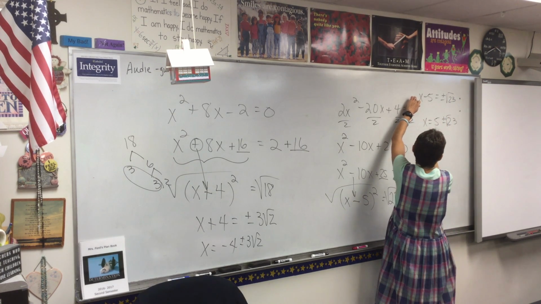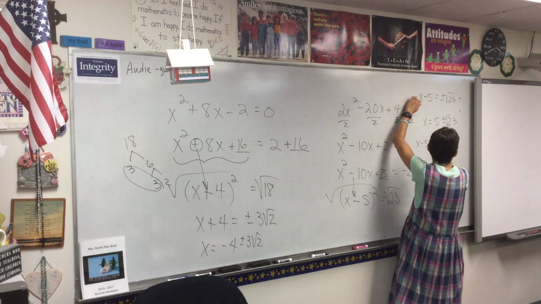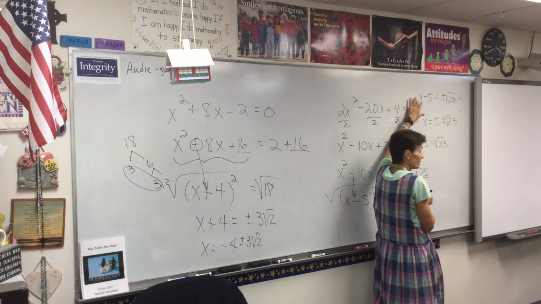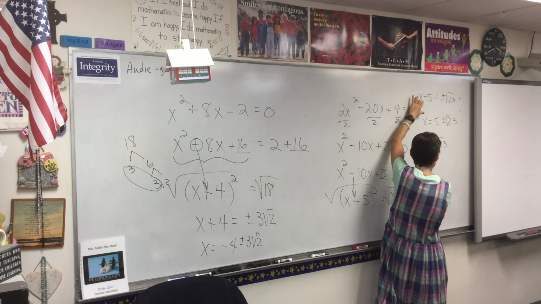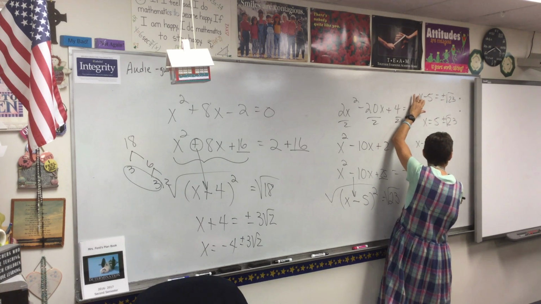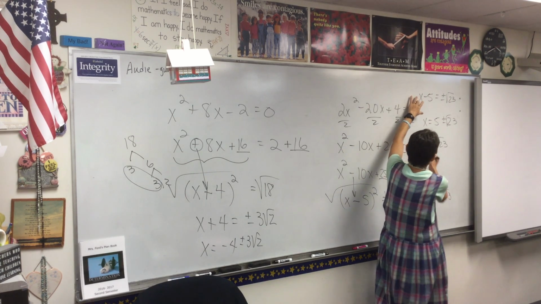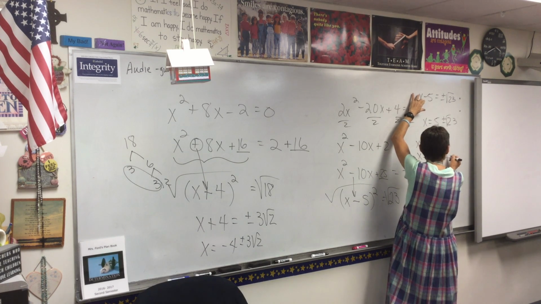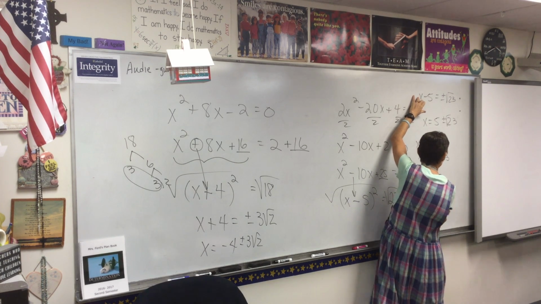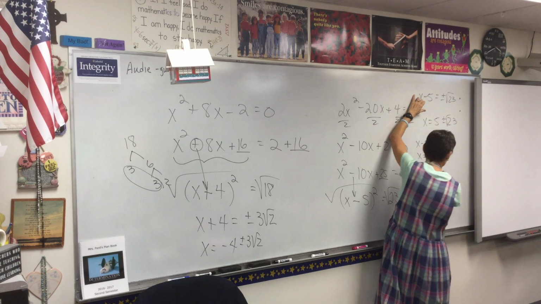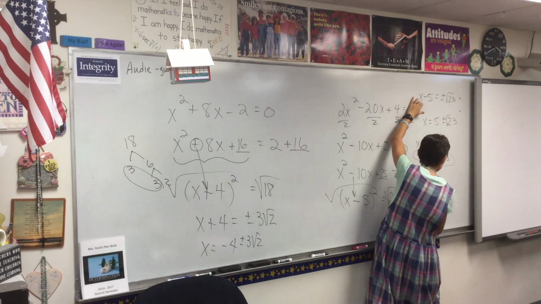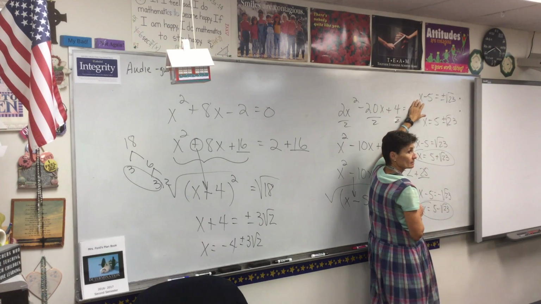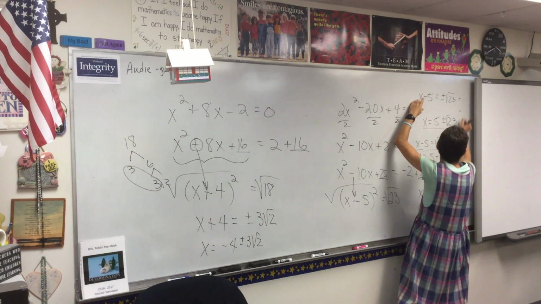Or you can say x minus 5 equals the square root of 23, x minus 5 equals negative the square root of 23. So when I move my 5 over, 5 plus root 23, 5 minus root 23. So you can write 2 separates, or you can write it all together.